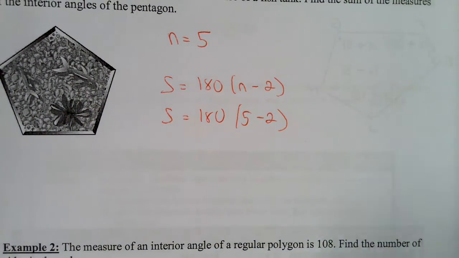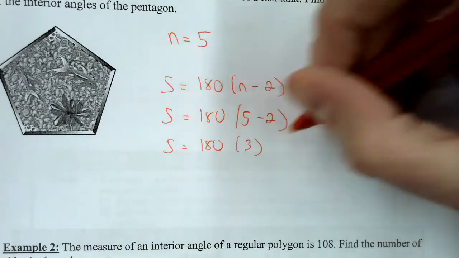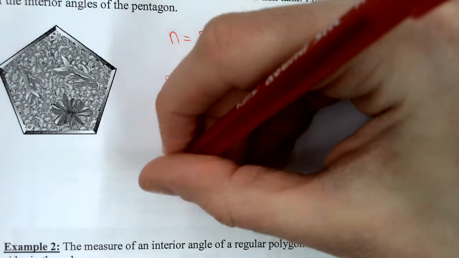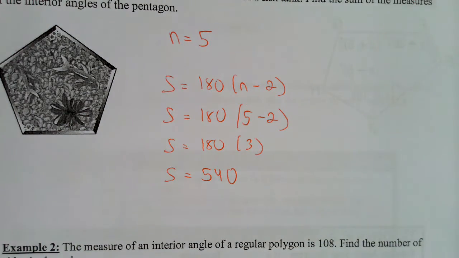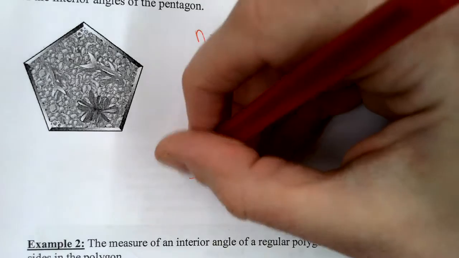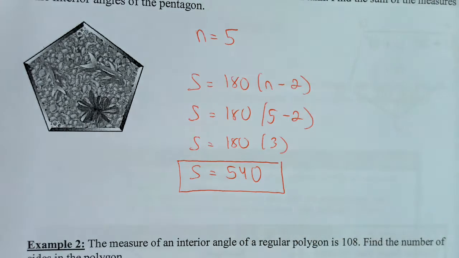So 180 times 3, which is 540. That shouldn't be too bad.